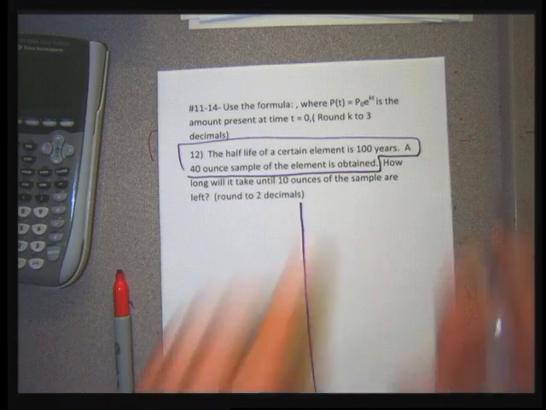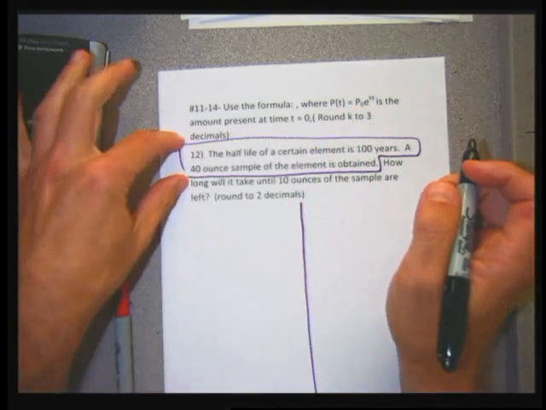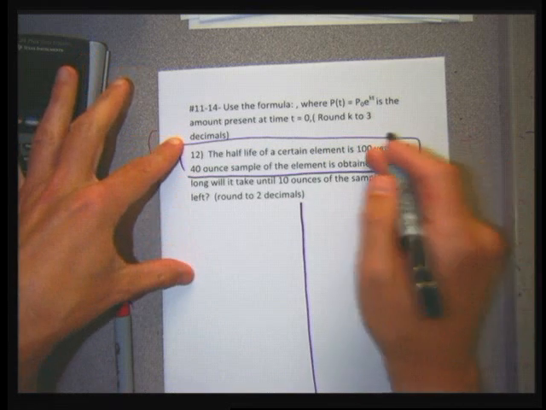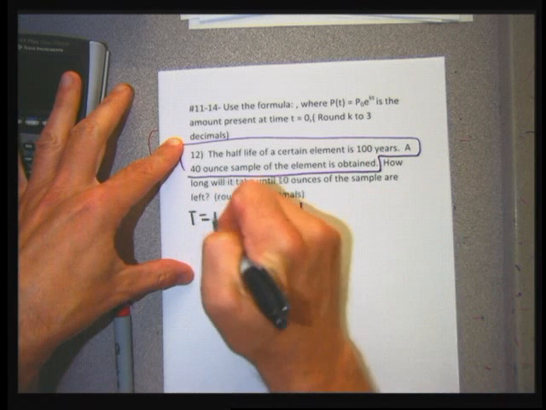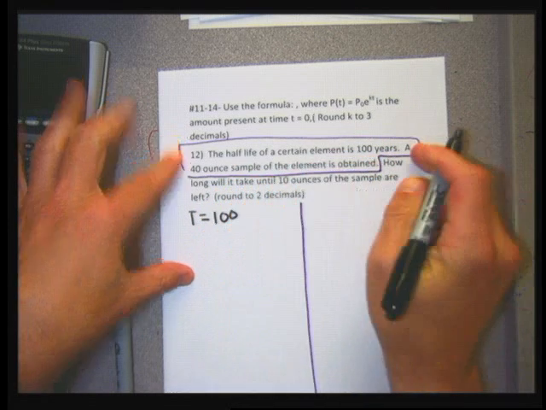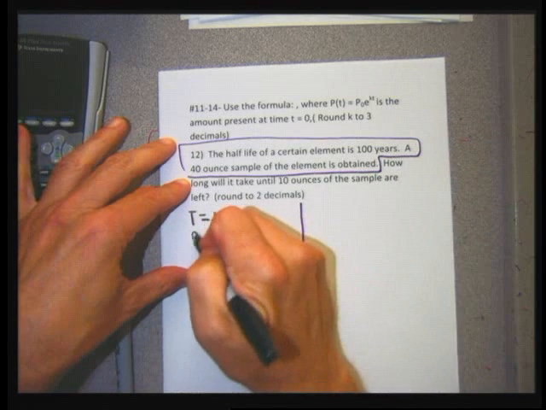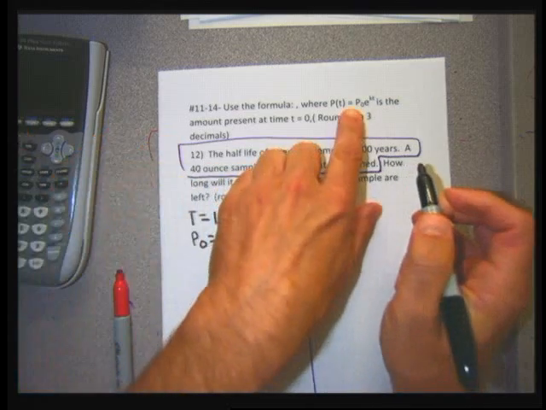I need to take this equation that's given and come up with a value for k. And very specifically, it says the half-life of a certain element is 100 years. That 100 years is going to stand for a t. And then it says a 40-ounce sample is given. That 40 ounce is going to be the beginning amount, and that P0 is the beginning amount.